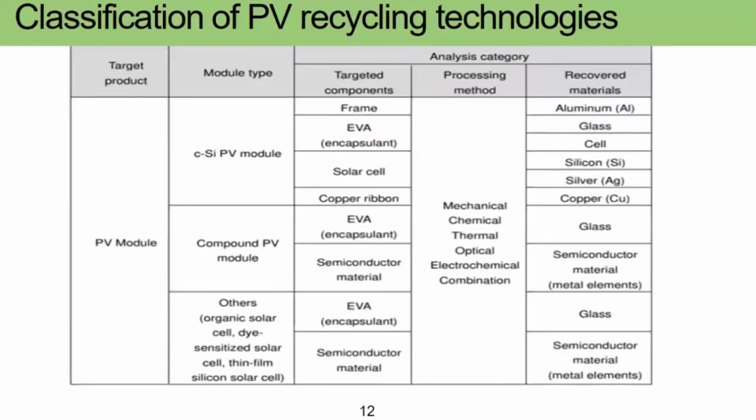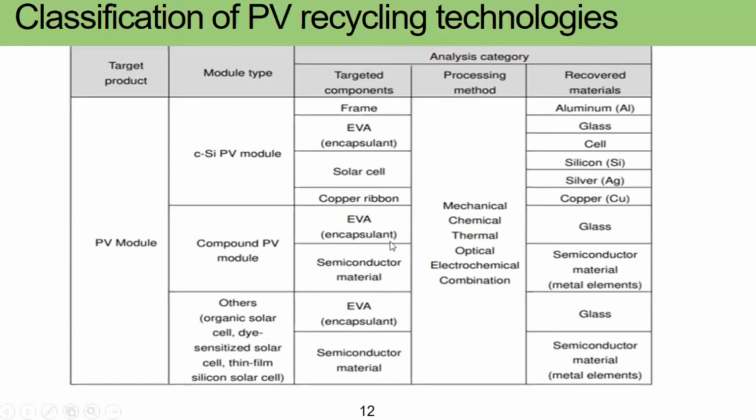From the table, you can see we have three module types of PV module and different ways to work on them. And according to the tables, we have analysis categories. We can aim at the components, the processing methods, and the recovered materials.